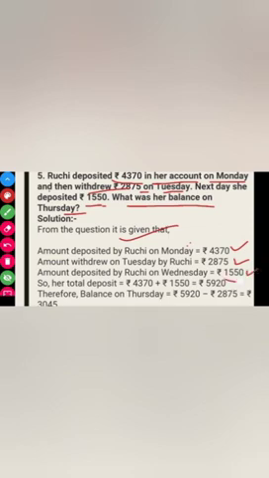So total deposited amount will be 4,370 plus 1,550. So this will be 5,920. This is the deposited amount, but she withdrew this amount on Tuesday. So this will be subtracted from the total amount.